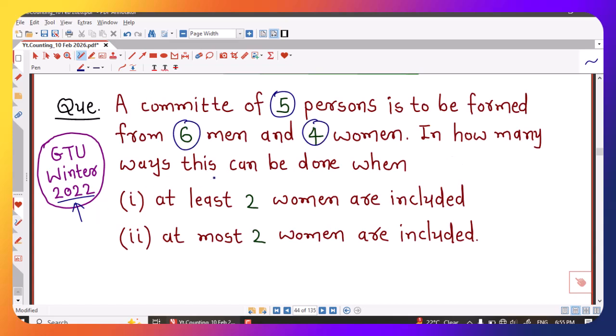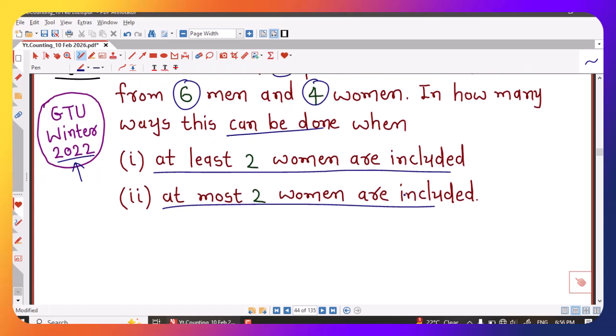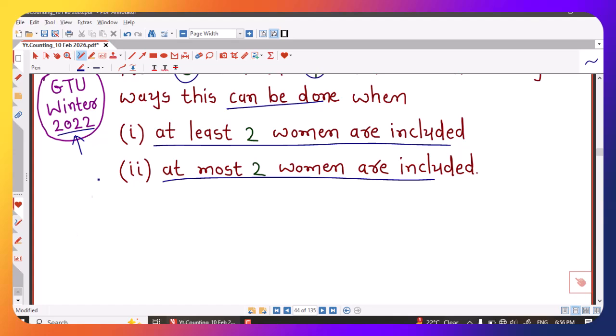In how many ways can this committee be formed when at least 2 women are included in that committee? And in the second case, we have to find the number of ways in which at most 2 women are included. So we will discuss these two sub problems one by one.